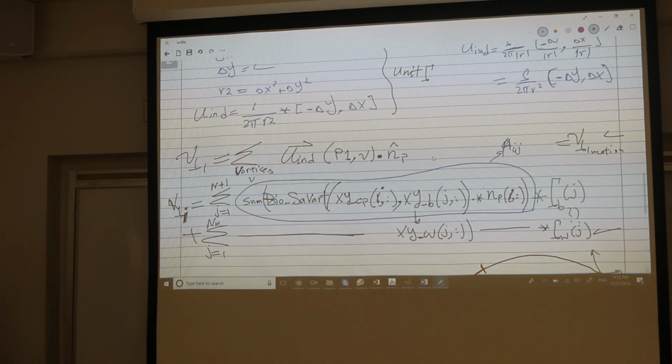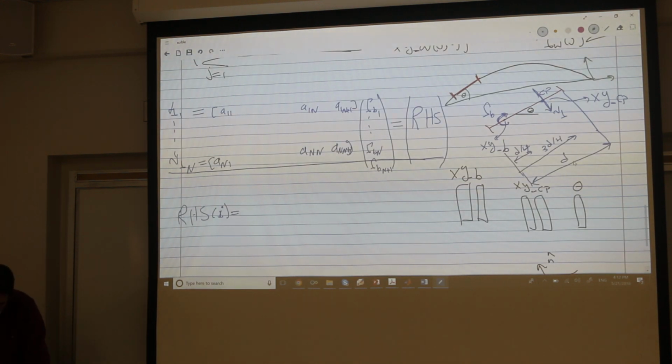The V motion, this should be in the right hand side, right? At least this should be. So this guy's V motion, this should be given at this point I. Normal, right? And what else? What else?